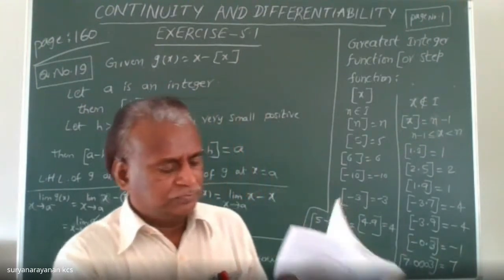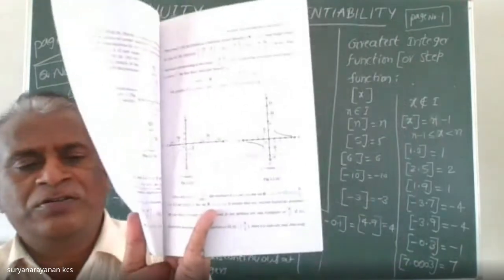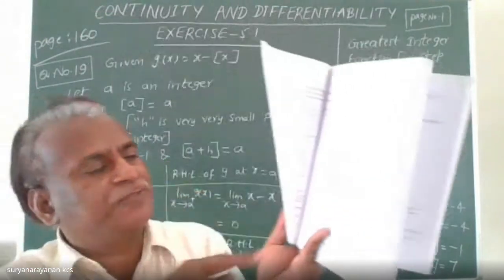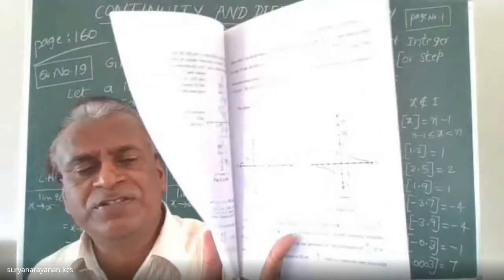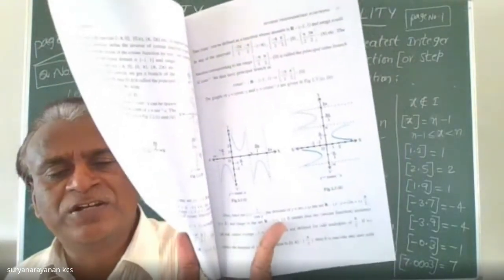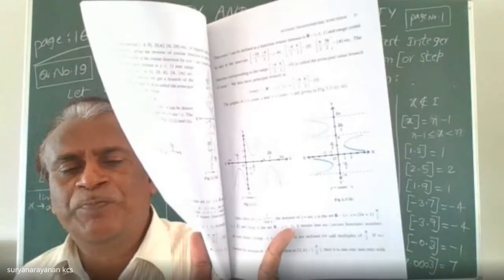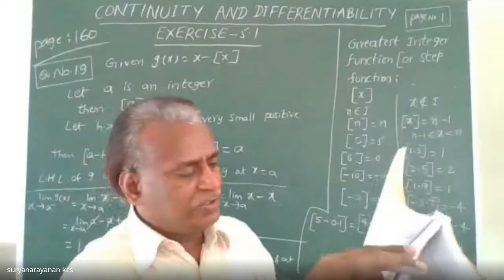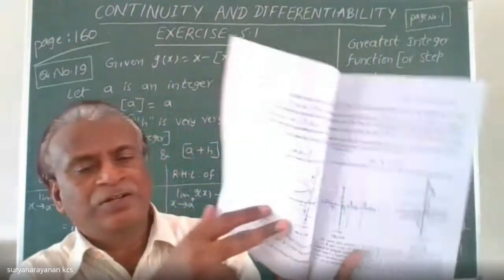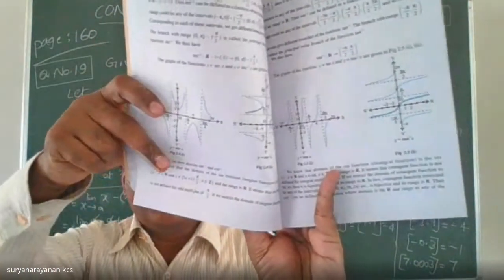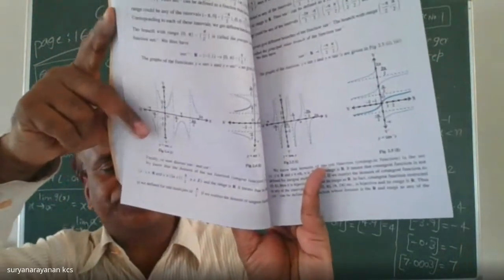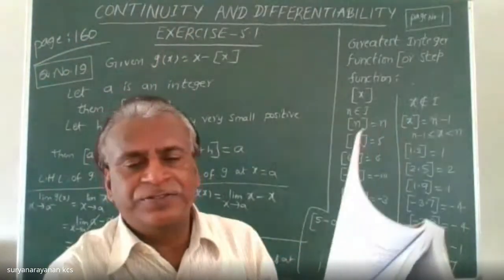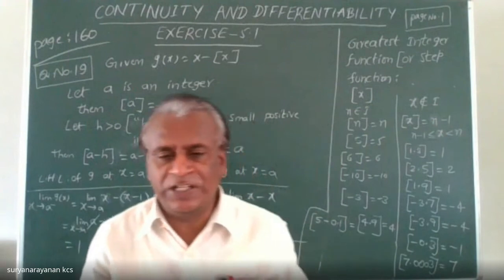See this figure. In inverse trigonometric functions, we have drawn the cosecant graph, cos graphs here, where the curve is cut. At which points the curve is cut, find out the points at which the curve is discontinuous. Similarly, observe the graphs of secant x, cosecant x, and cot x, then write the points of discontinuity.